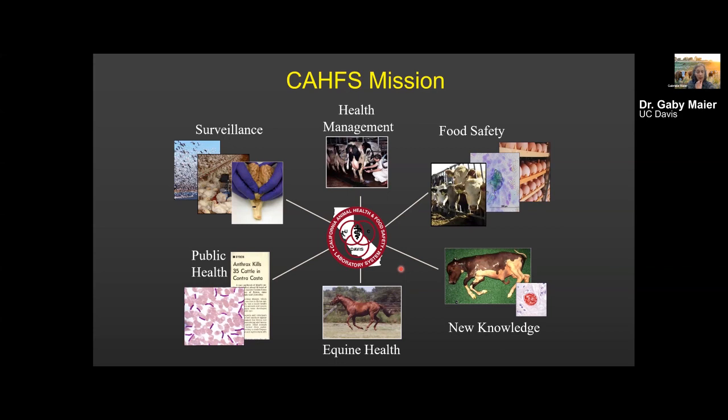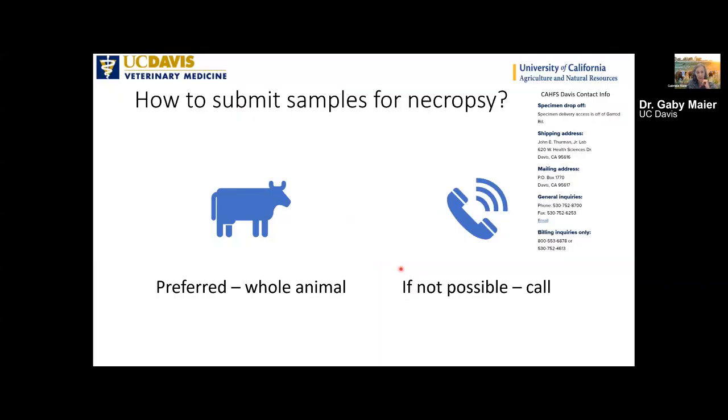Equine health, so they have a laboratory that tests equine athletes for performance-enhancing drugs. And of course also public health service by diagnosing diseases that could also be zoonotic. So there is a wide variety of services that we get from this lab system.